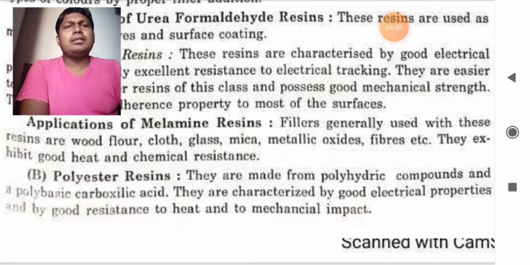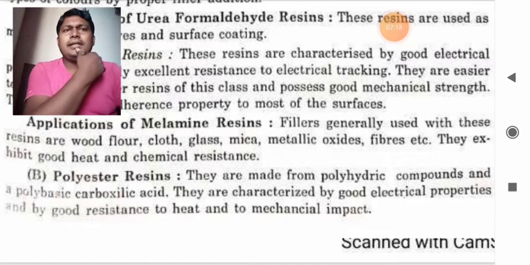Now, polyester resins. They are made from polyhydric compounds and a polybasic carboxylic acid. They are characterized by good electrical properties and by good resistance to heat and to mechanical impact.